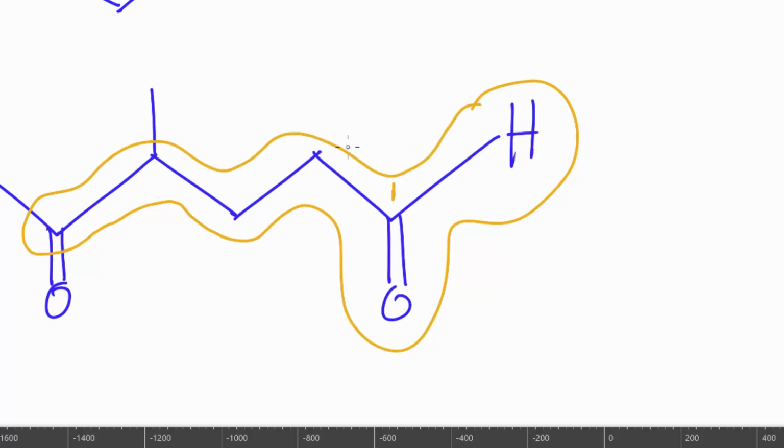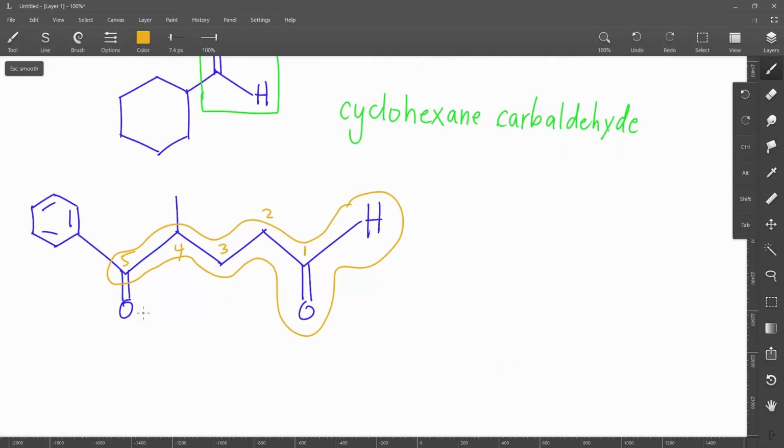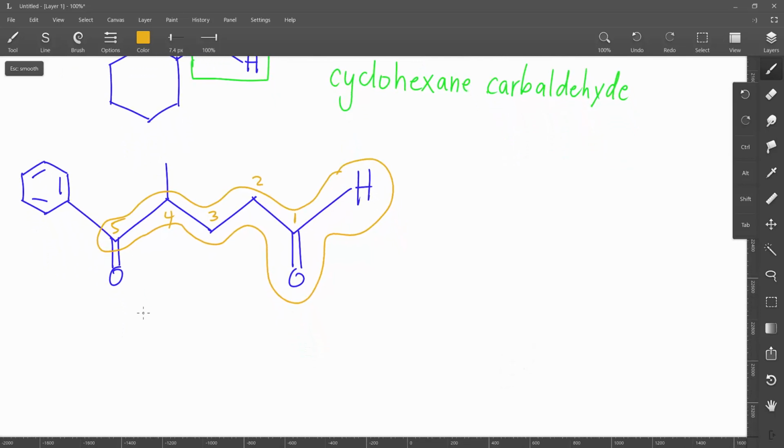That's going to give us 1, 2, 3, 4, 5, so 5 carbons. I have substituents here, substituents here, and a substituent here. So this is a methyl, this double bond O in the presence of the higher priority aldehyde is oxo, and this is a phenyl group.